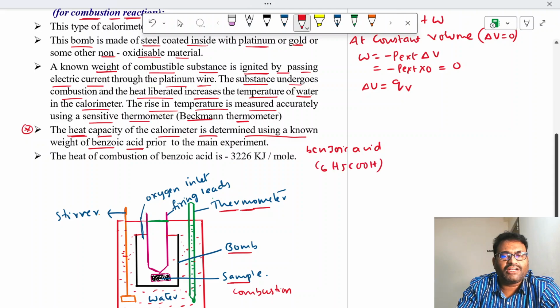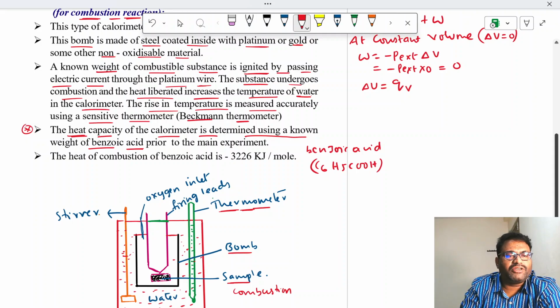C6H5COOH is benzoic acid. This benzoic acid is initially taken in the bomb calorimeter, and the heat capacity of this bomb calorimeter is calculated. Once the heat capacity of the bomb calorimeter is calculated, then by using different substances you can calculate the heats of combustion.